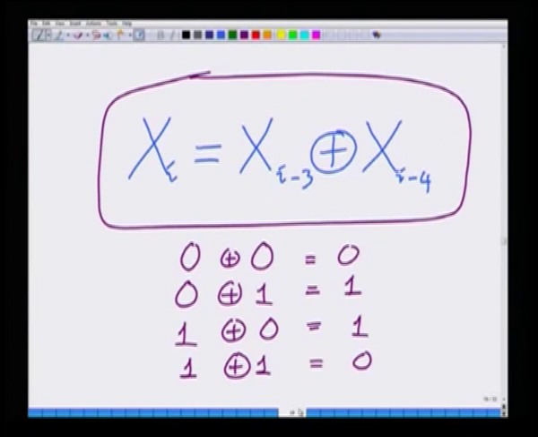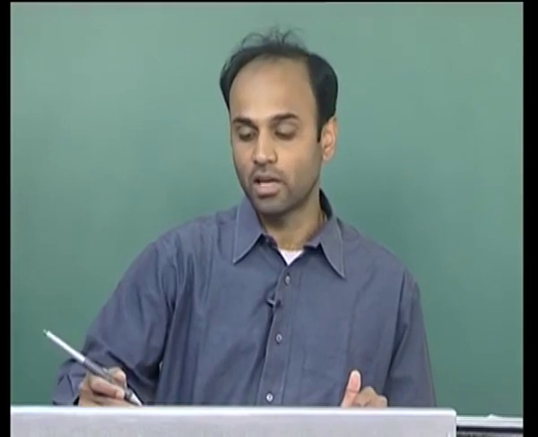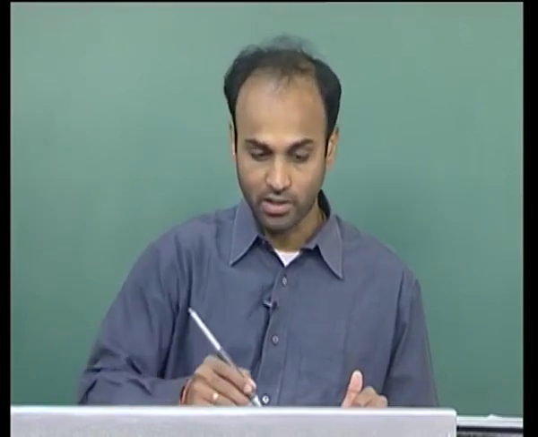And the equation of this register, that is xi, is generated as xi minus 3 XOR with xi minus 4. So, the defining equation of this feedback register or LFSR is xi equals xi minus 3 XOR with xi minus 4, and we were about to tabulate the different states and the outputs of this linear feedback shift register.